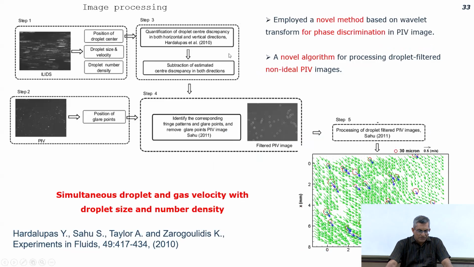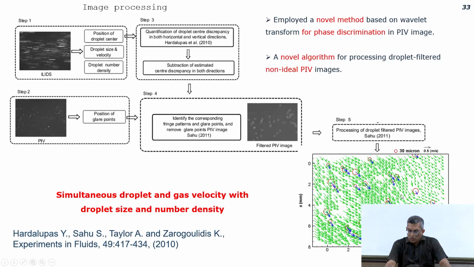And this slide shows the image processing. As I said, you first process the ILIDS image, then you process the PIV image, you combine them, and finally you get a flow field like this. You get particle size, and you get particle velocity as shown by the red circles and the blue arrows. You know the number density of the particles.